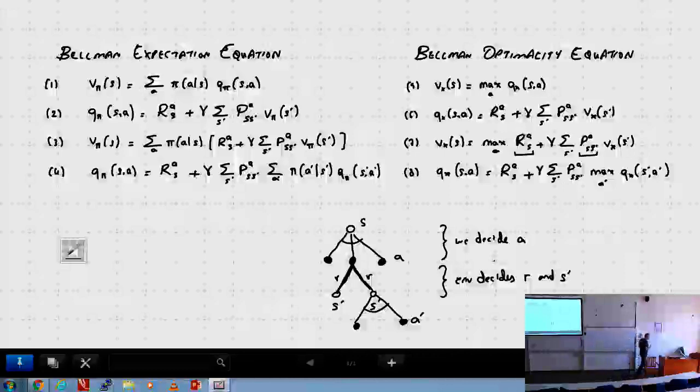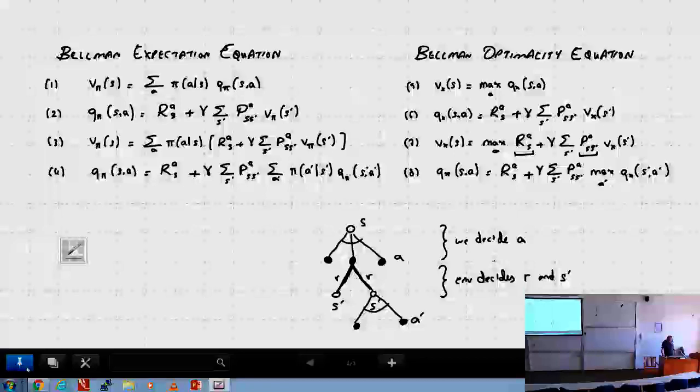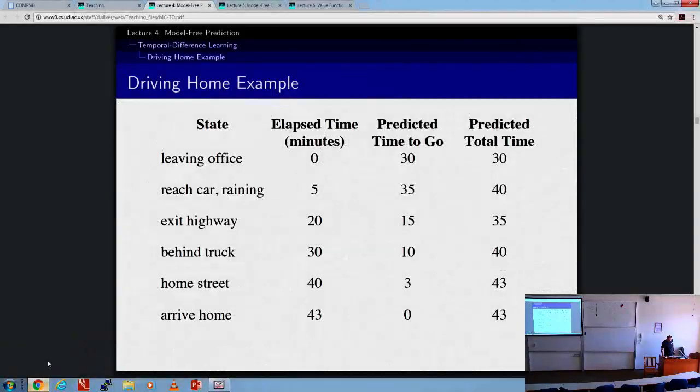Now, to drive these ideas a bit more home, I have two little examples. And then we're going to start talking about control using these sampling algorithms. Okay, so the first example is a simple driving-home situation.